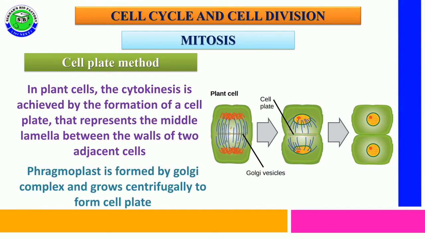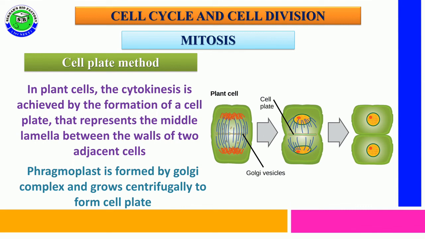During cytokinesis in a plant cell, first, with the help of the Golgi complex, a structure forms in between the two daughter nuclei. It is called the phragmoplast, and this phragmoplast grows from the center to the periphery, leading to the formation of a plate. It is called the cell plate.